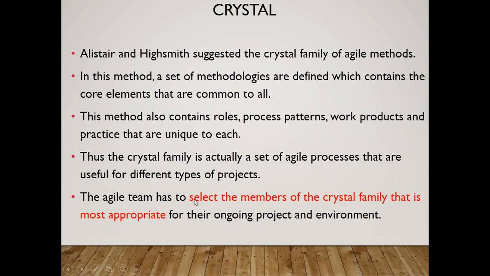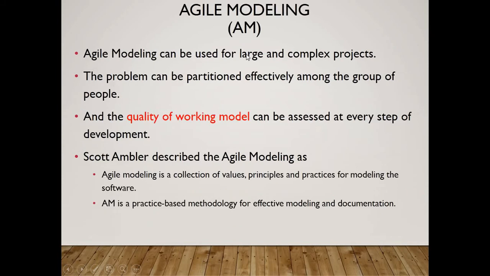The agile team has to select the member of the Crystal family that is most appropriate for their ongoing project and development. So in short, there are plenty of members, and we have to select the appropriate member model for our project.